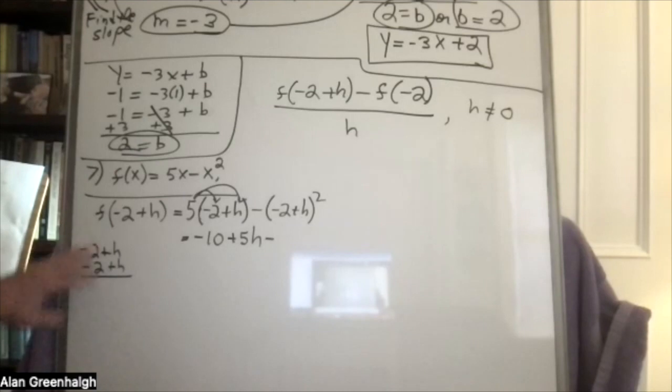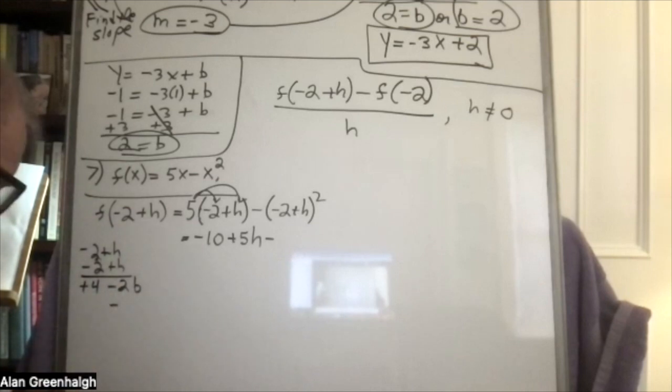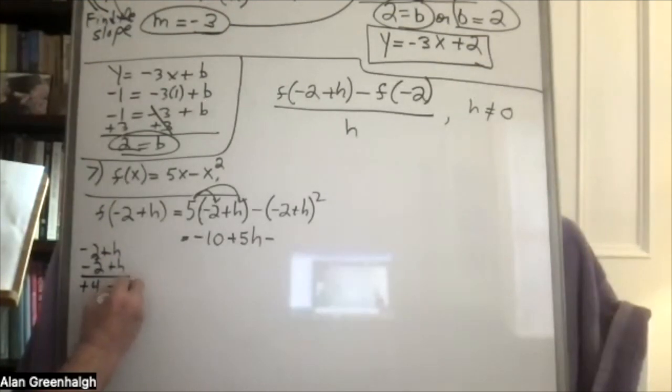Okay, so I'm going to do this separately. And the way you multiply binomials is to multiply this way: negative 2 times negative 2, positive 4, negative 2h, negative 2h, plus h squared.